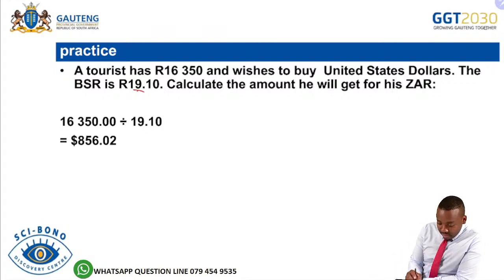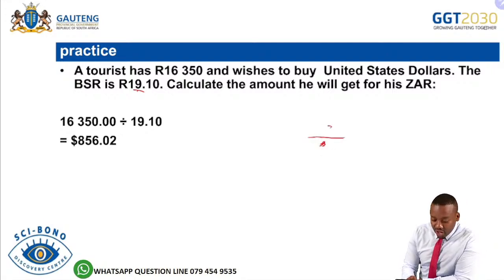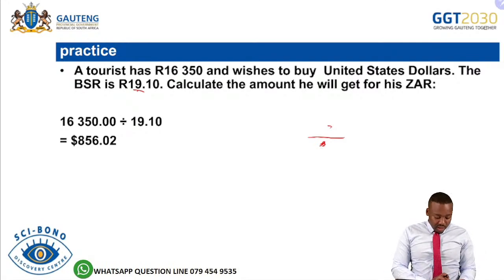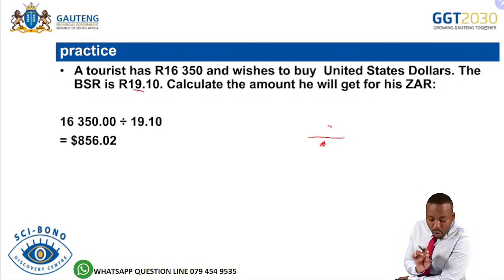Remember we said we are dividing by the exchange rate. So let's calculate to double check: 16,350 divided by 19,10, meaning for that particular day you were buying a dollar at 19 rand 10 cent.